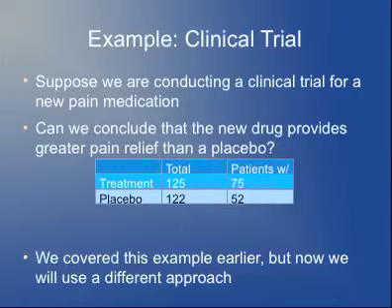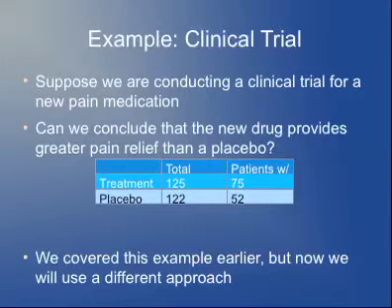So, let's go back to the clinical trial example that we discussed on Friday. Recall that in this particular clinical trial, people either got an active drug or a placebo, and some patients experienced pain relief and some patients didn't.